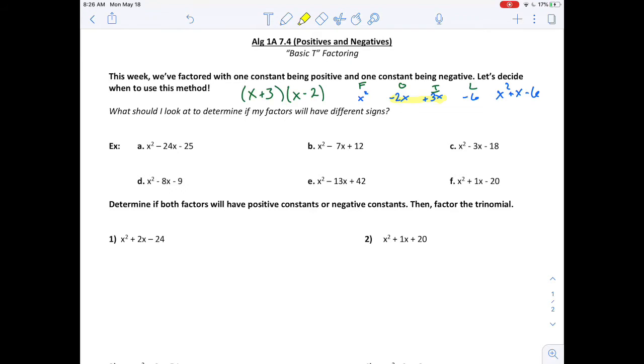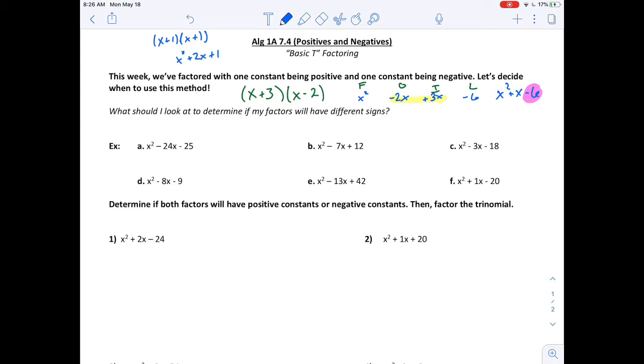And if you remember, this is a little bit different because this last term is negative. So when we had two positives, x plus something else, our third term was positive.